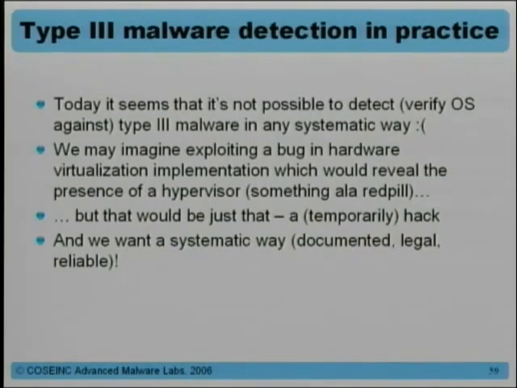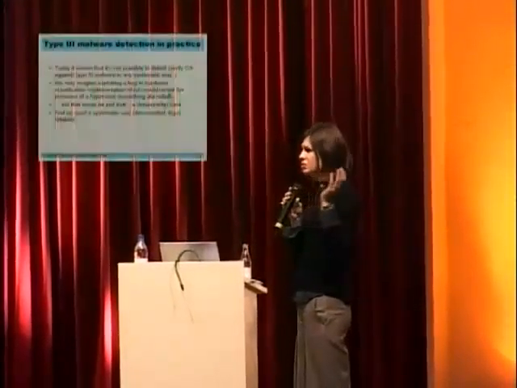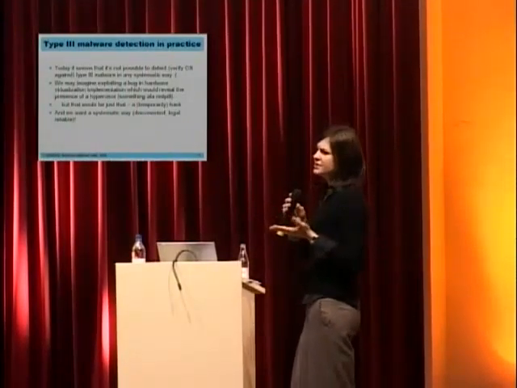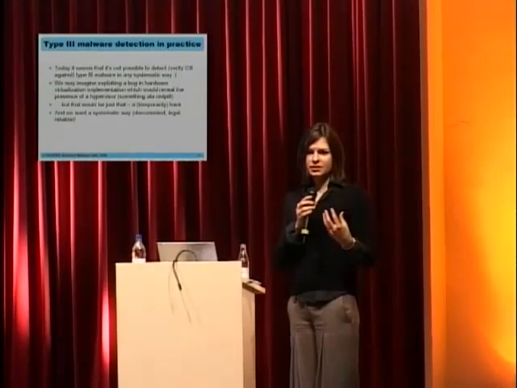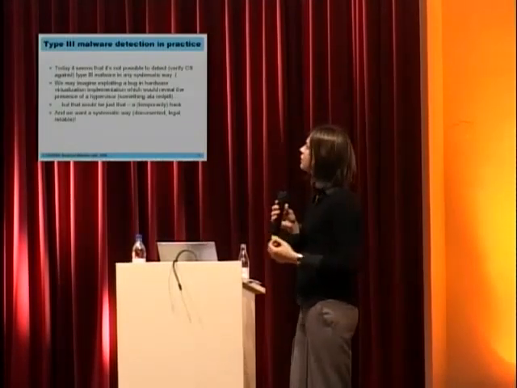So I don't know any feasible way to detect type 3 malware today in practice. We might imagine that a particular implementation of virtualization, I don't know, Pacifica SVM revision 1.2, for example, contains some implementation bugs which could allow for creating a detector to detect the presence of a hypervisor.